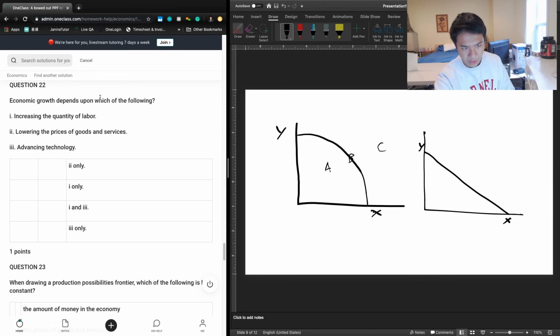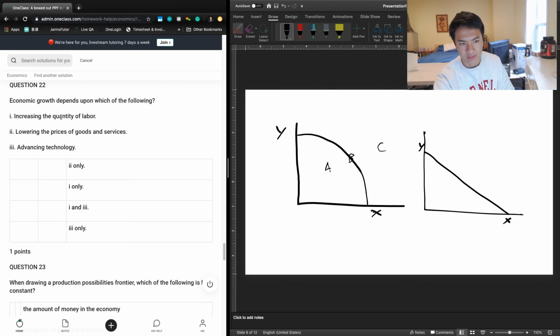Economic growth depends upon which of the following? Increasing the quantity of labor, lowering the price of goods and services, advancing technology. Depend is a strong word because it means that you need to do both, and that's not the case.